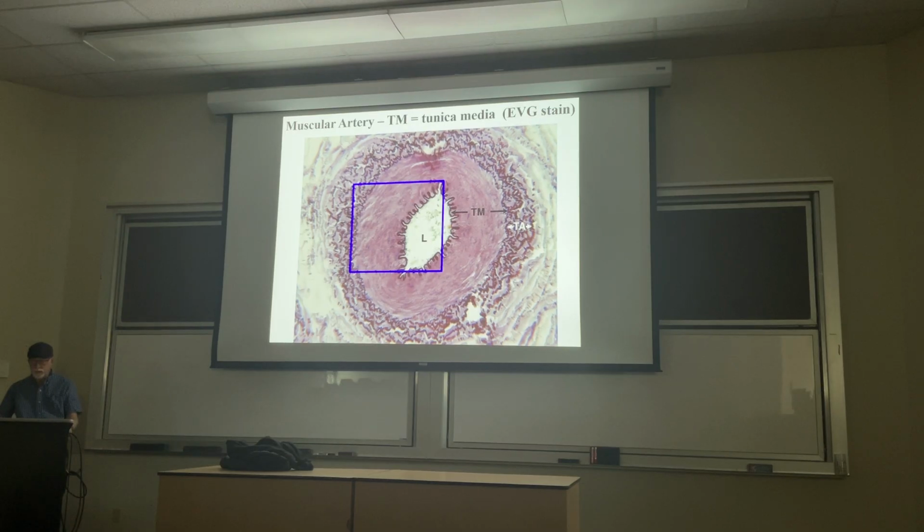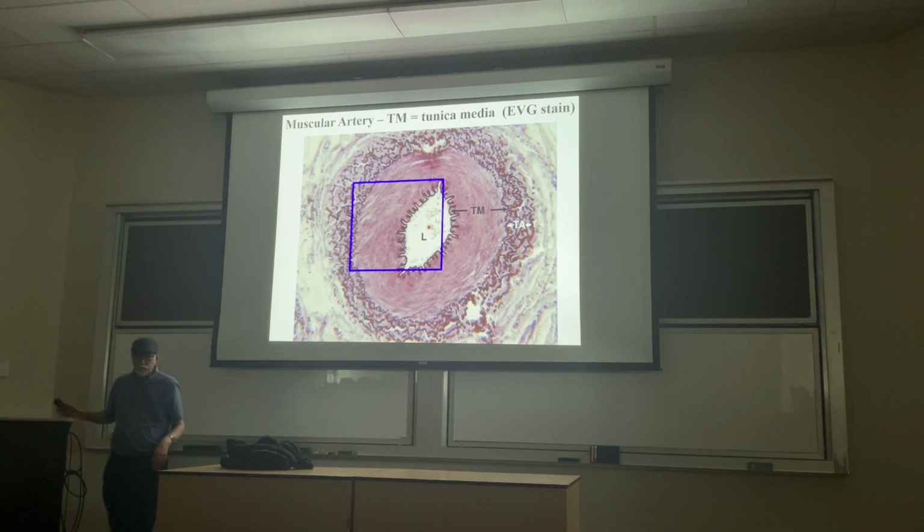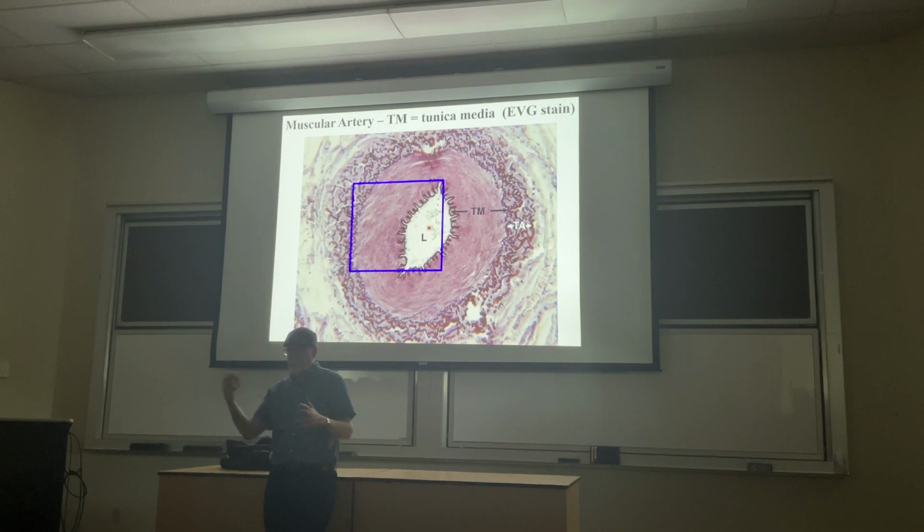Arteries tend to be thicker walled on average than veins, and they tend to have nice rounded contours, but the lumen of arteries is proportionally less in size than the lumen of the veins. In veins, the lumen is big compared to the wall. In arteries, the lumen is proportionally smaller when you compare it to the wall.